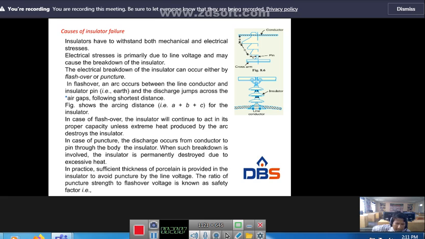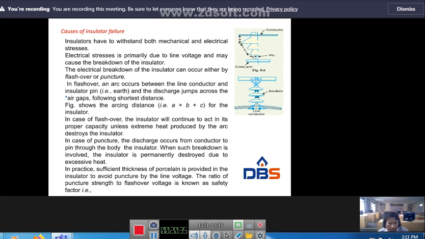In flashover, the arc occurs between the line conductor and the insulator pin. Insulator pin is nothing but earth, and the discharge jumps across the air gap following the shortest distance. The figure shows the arc distance, that is A plus B plus C, figure 8.6, for the insulator.